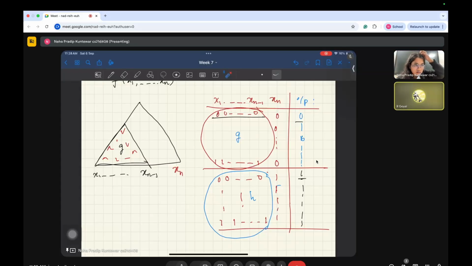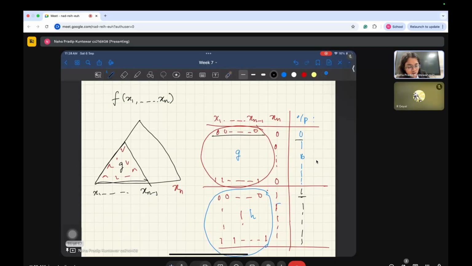Actually this is not clear. When you write this output as a new column, whose output is this? This is the output of the function f, the truth table of f.